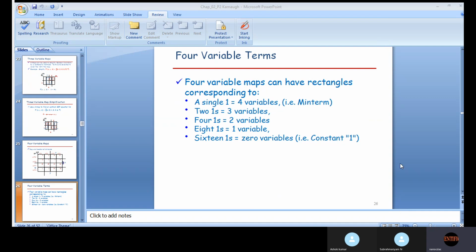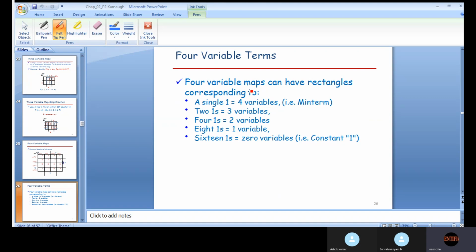Four variable terms can have rectangles corresponding to a single one, four variables. Two ones, three variables; four ones, two variables; 8 ones is one variable; 16 ones is equal to zero variables.